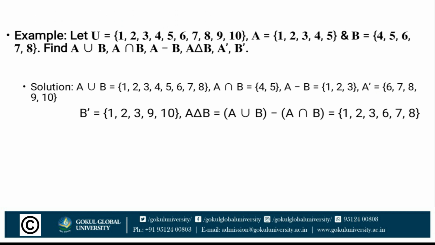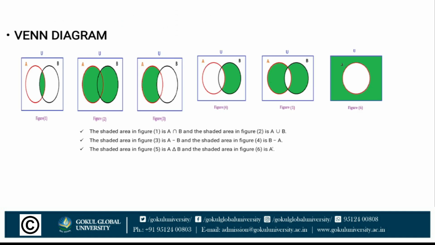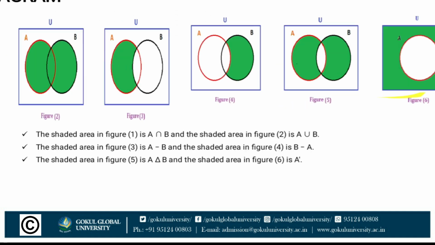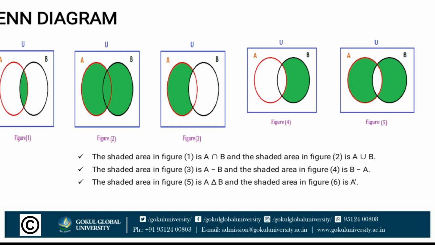The solution is given with a Venn diagram. First, the universal set is given. The first figure shows that the shaded region is A intersection B. Figure number 2 is A union B. Figure number 3 is A minus B, that is called the difference of two sets.